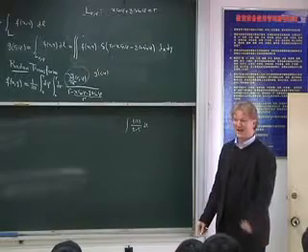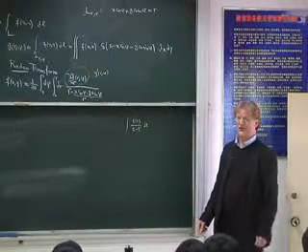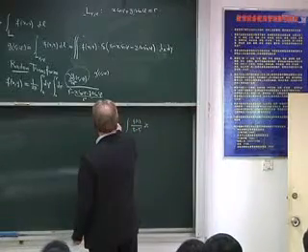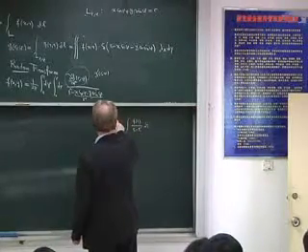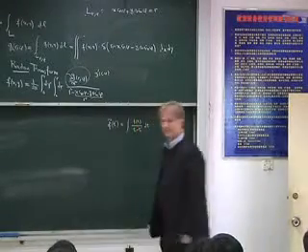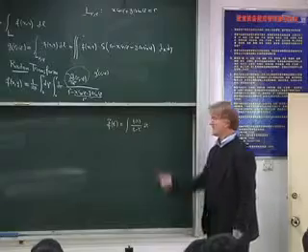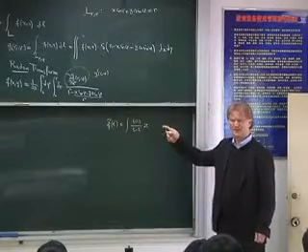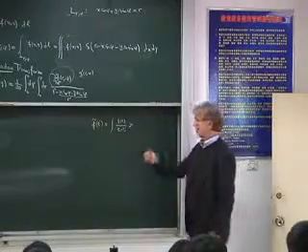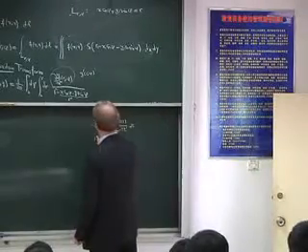This is the Hilbert transform of f of t. Let me note it f tilde. There may be a 1 over pi somewhere, but if not, we can just put it here. This is called the Hilbert transform.